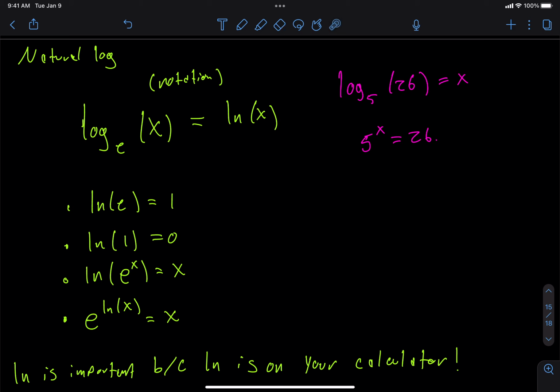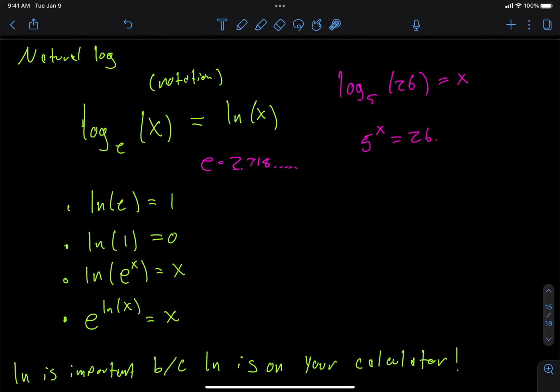But first, let's talk about the natural log, which the only thing that you need to know about is it's the logarithm with base e. So remember, e was that number like 2.718... right? So lots of other decimal places after that.